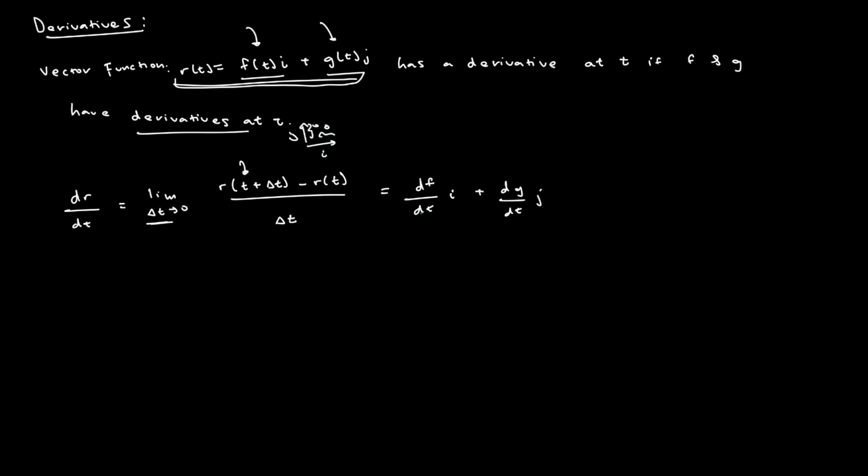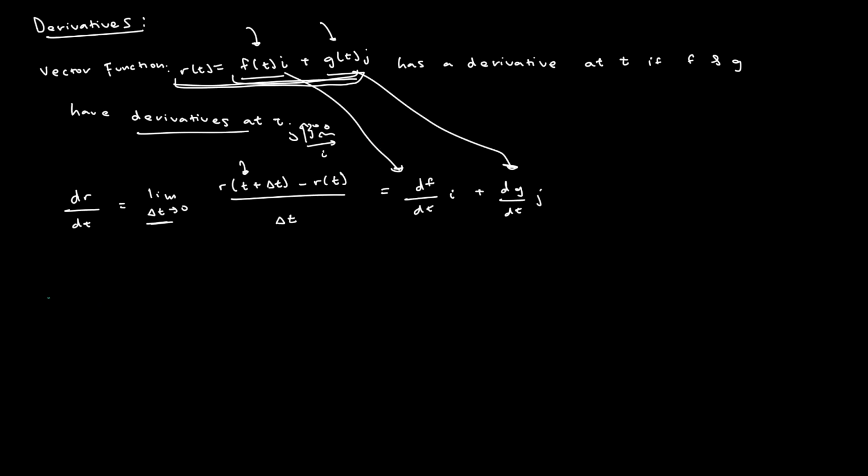Since we have a function of t defining both of those, we can simply find the derivative of each and combine them to find the derivative of the vector itself. So again, very analogous to what we have seen before for limits and continuity in the vector form.